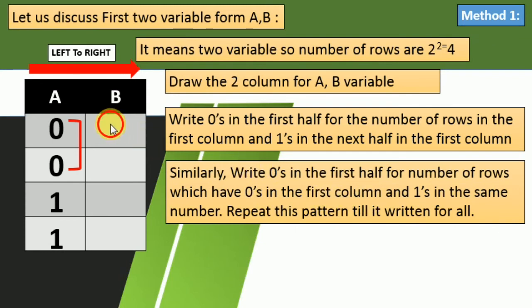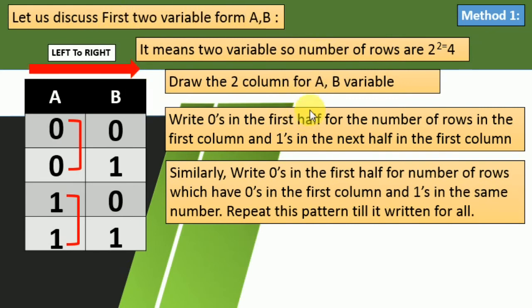So put 0 and 1, that is, 0 and 1. The same concept is applied here also. For these two 1s, there are two rows again. You have to repeat the same thing, 0 and 1. First 0 0 1 1, then 0 1 0 1. This is for the first two variable form.